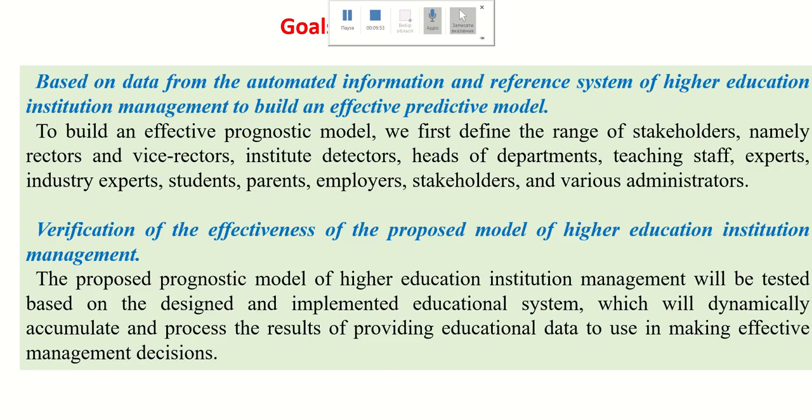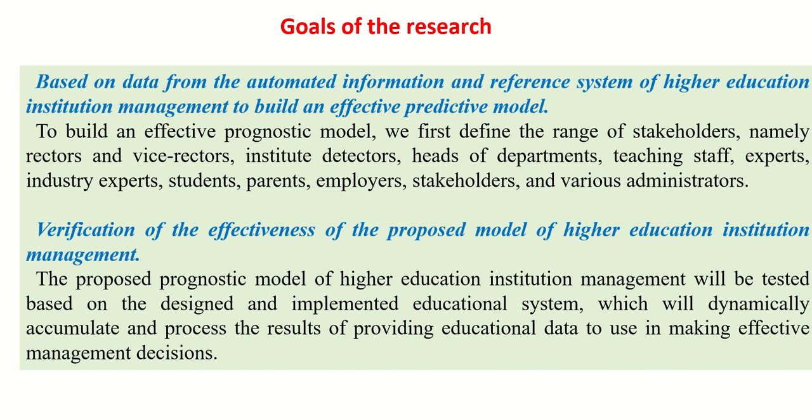The goals of research we can put in two directions. The first one is based on the data from the automated management system of higher education, and in this way we try to build some prognostic model, and we define all stakeholders' positions, that is, all the participants who participate in the educational process.